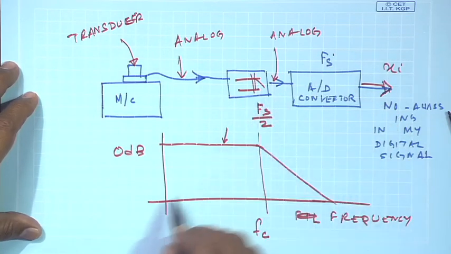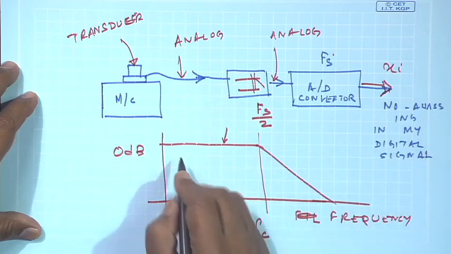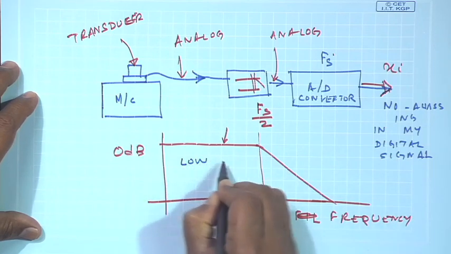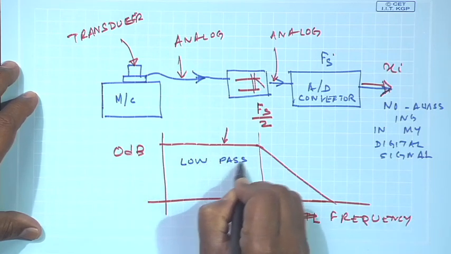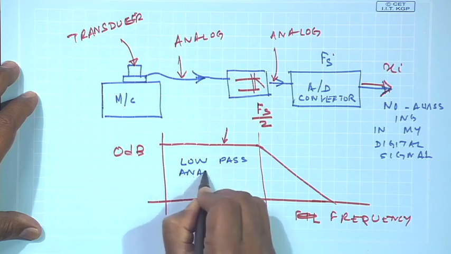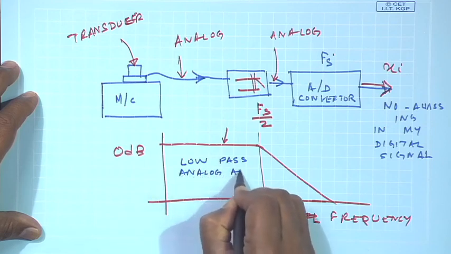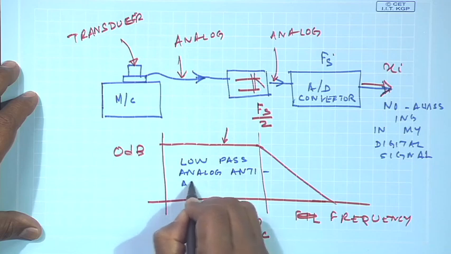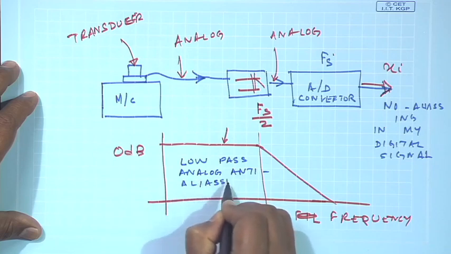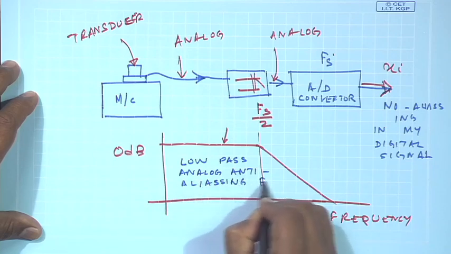So, I can set this as a low pass analog anti-aliasing filter.